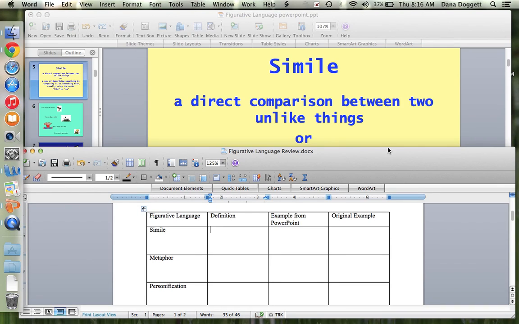Okay, so I'm going to write the definition. When you're writing down the definitions for the different types of figurative language, don't feel like you have to include every single word in there. This is mostly for you to remember what it is, okay?